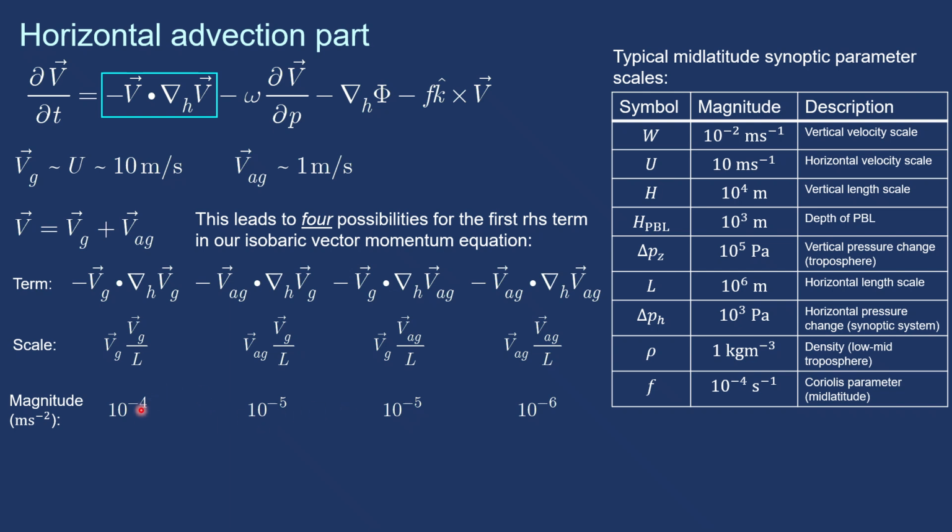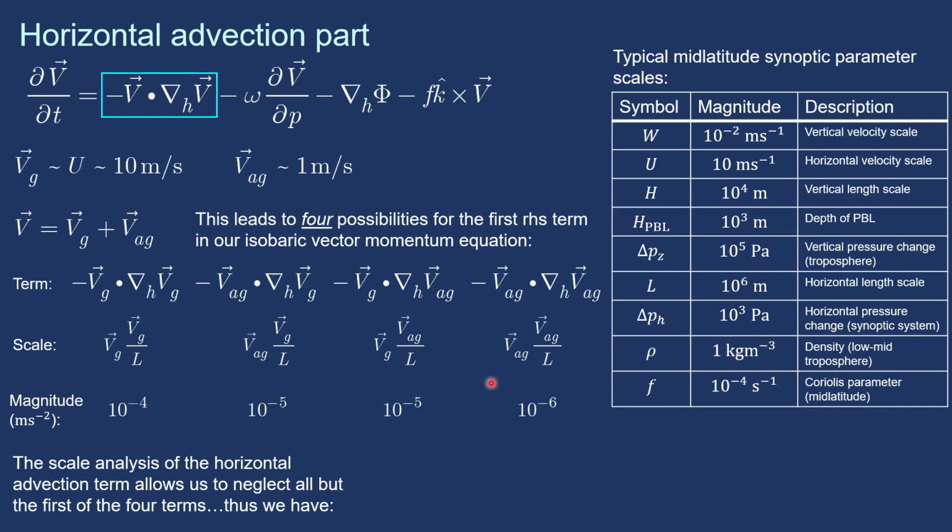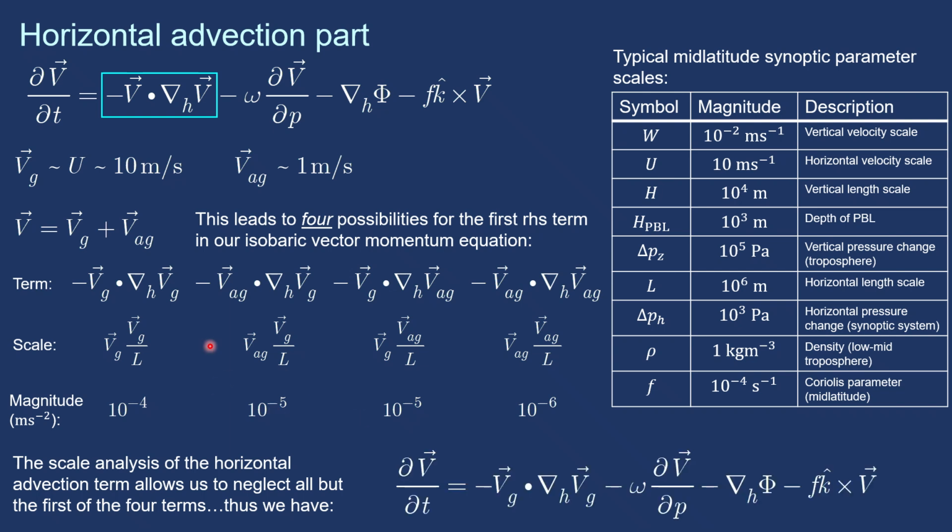Looking at the scale magnitudes of each of the 4 possibilities for the horizontal advection term, the term that's most significant is the first one, which has the largest magnitude, 10 to the minus 4. The other terms are at least an order of magnitude or more smaller than the first. This allows us to neglect all but the first of the 4 terms, so we can now write the vector form of the isobaric momentum equation.